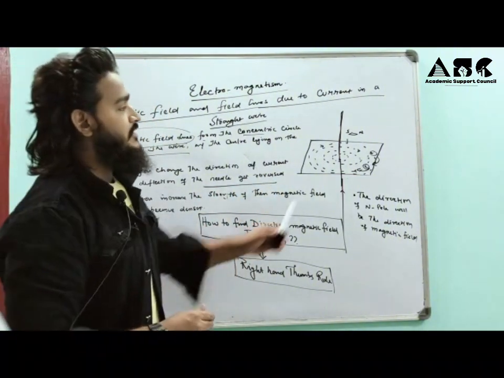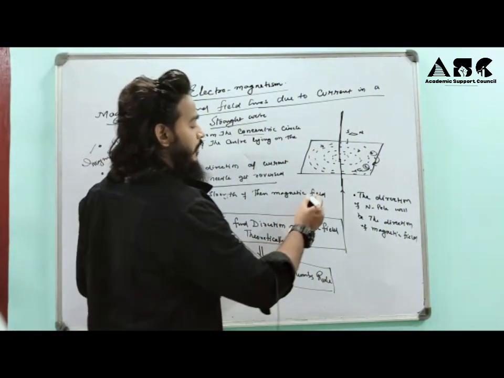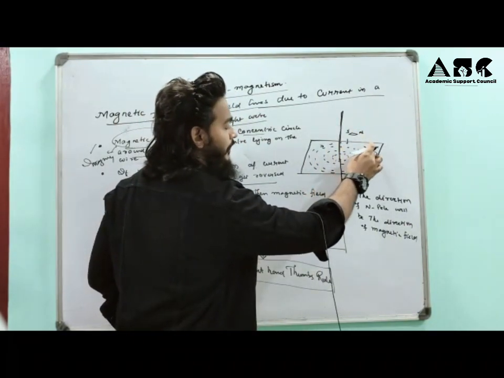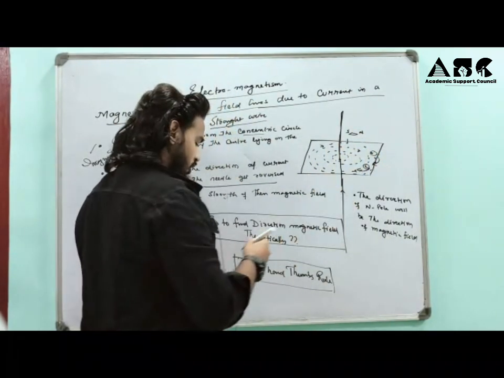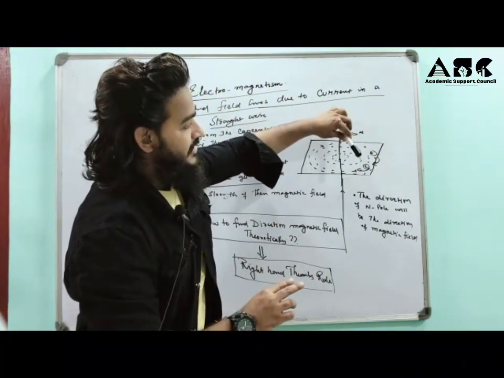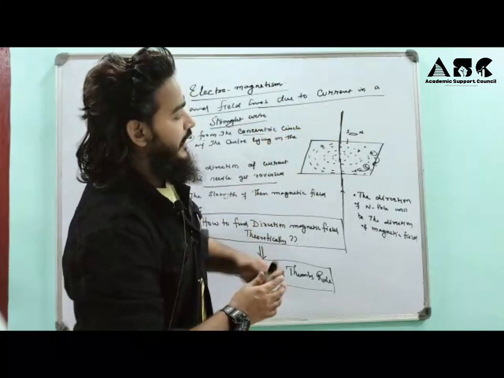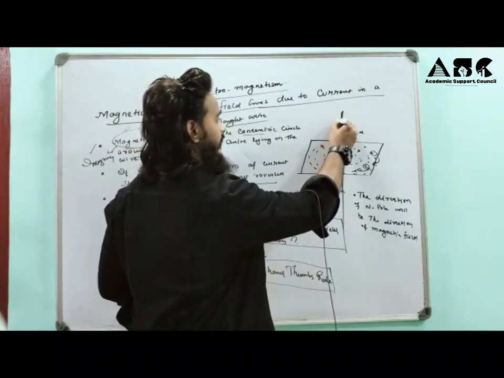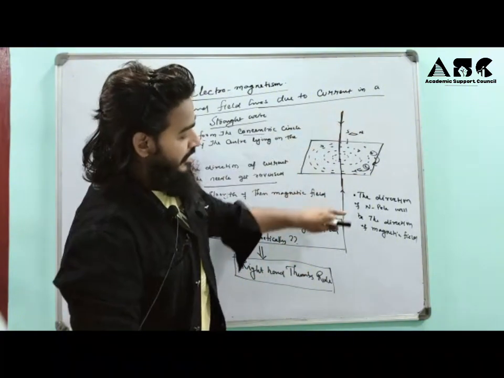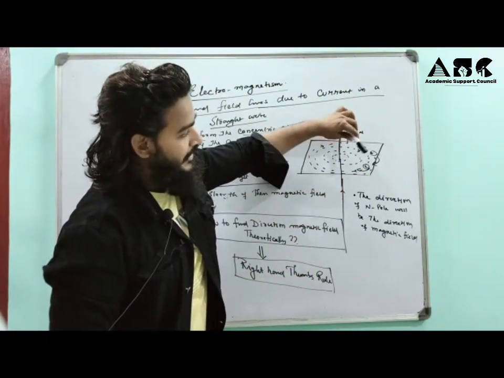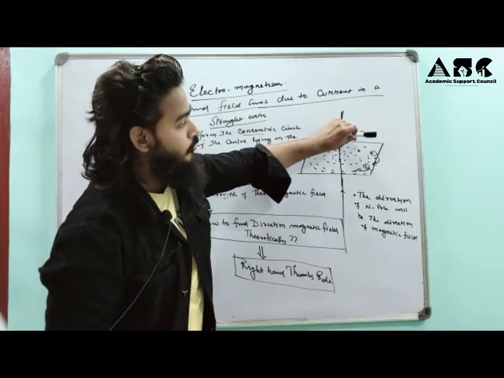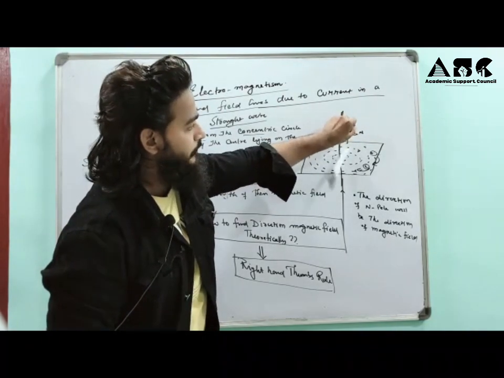Suppose this one is a wire, and first the current passes in this direction, and the north pole will be deflected in this direction. Suddenly, if you change the direction of the current, initially when the current passed through here the north pole deflected in this way, now if you change the direction, the north pole will be deflected in this way.